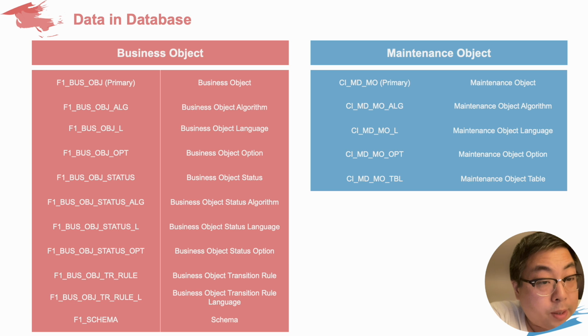Similarly, for the transition rule, that is a part of the status, the transition between the statuses. Yeah, there are other tables which I'm not going to expand on, but if you're interested, go to your maintenance object, have a look at these two, and you will know a bit more about what happens at the backend.